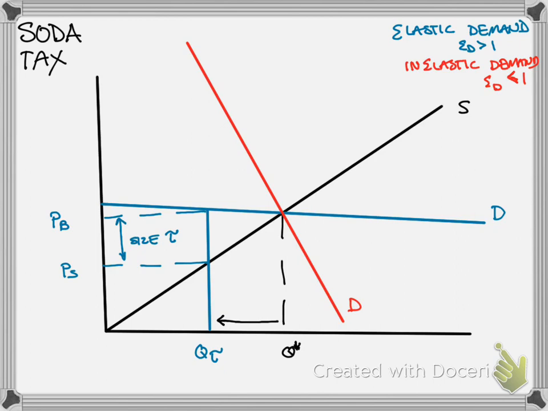So that is an inelastic demand. And the question is, with an inelastic demand, if we wanted to have that same reduction in quantity, how big would the tax have to be? Well, in this case, we would want to raise that tax that much, such that this is the price the buyer pays, and this is the price that the seller receives.